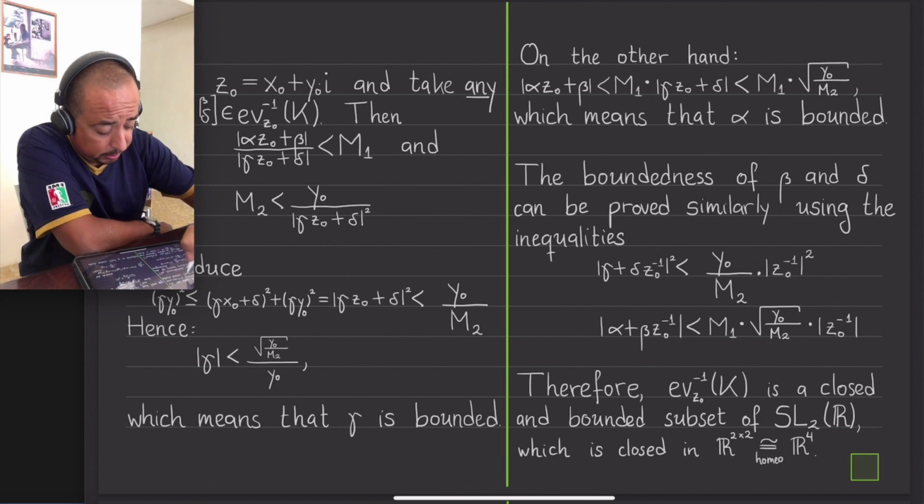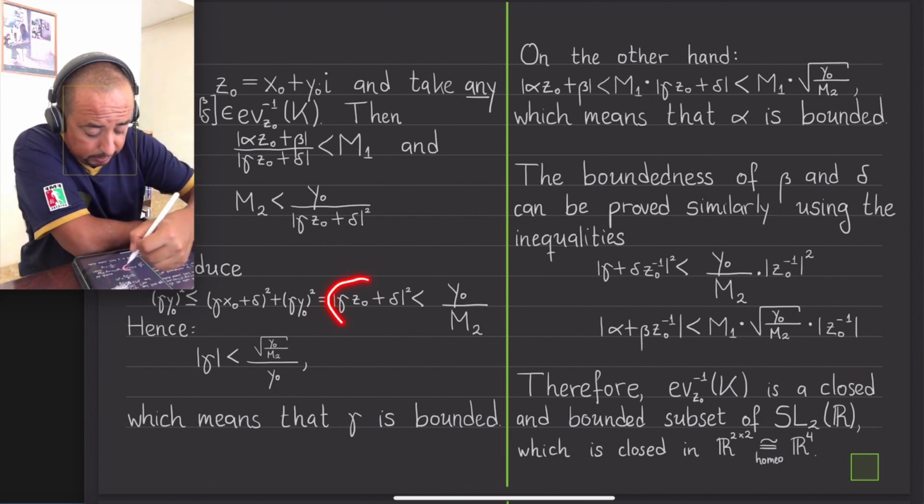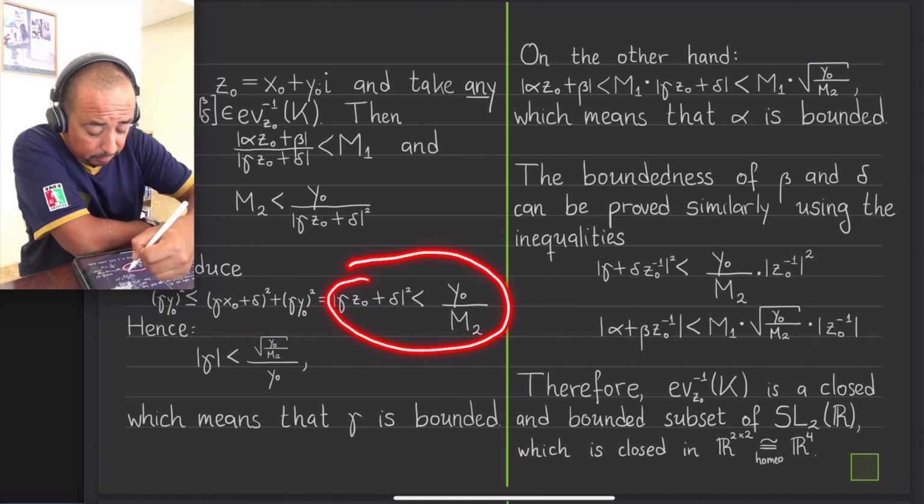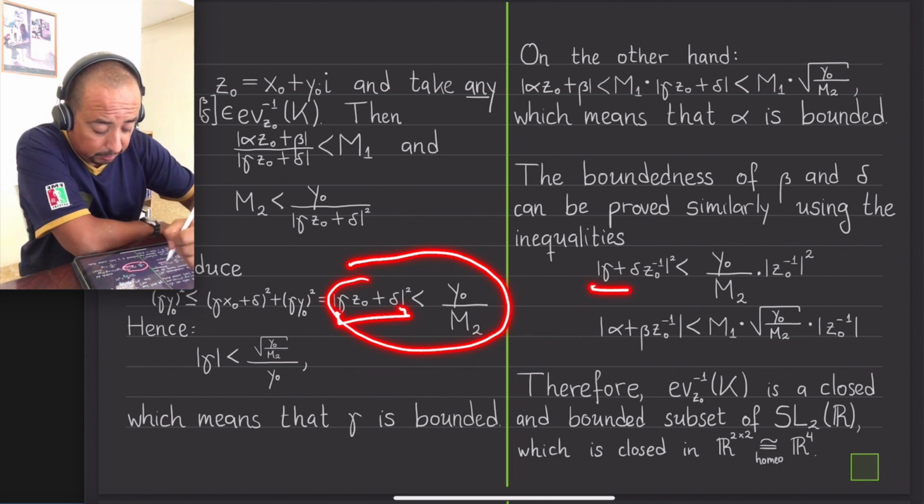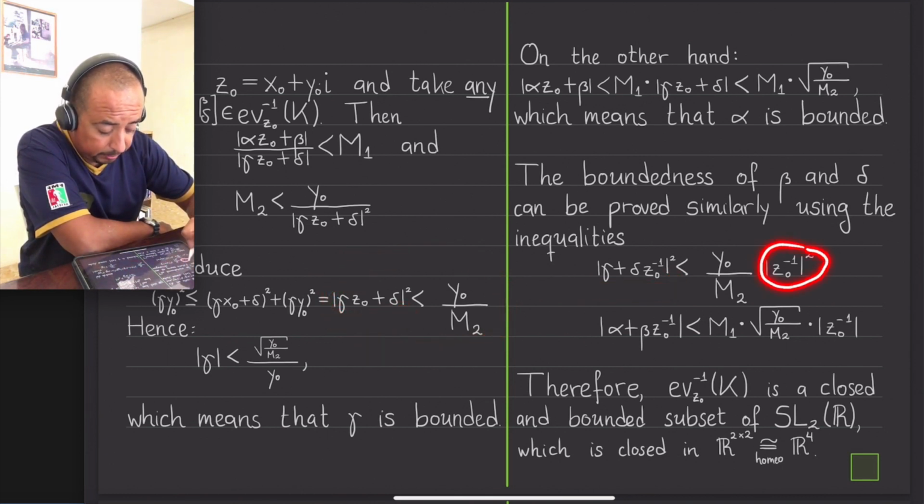So I think it's here. Let's use this one. And this one, let's multiply on both sides by the square of the norm of z naught inverse. Right? So here that part becomes this one, and the part on the right, well, here is the factor I multiplied.